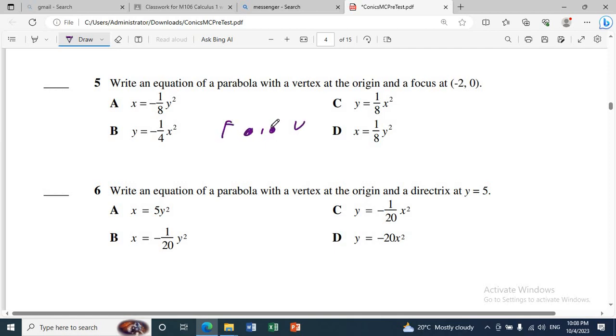So the opening is to the left. So which one? This is obviously y squared is equal to negative 4a x. So the correct answer here is letter A. It's y squared is equal to negative 8x.